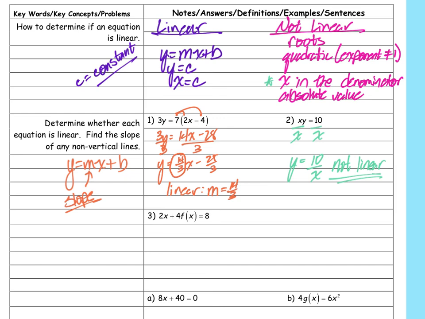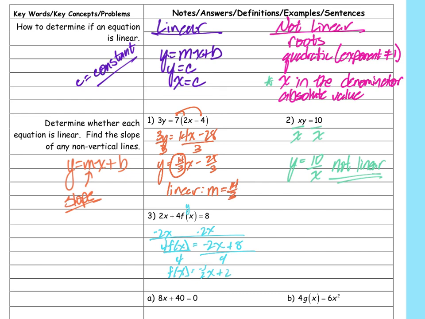And then the last one says, I'm not sure what it says. Okay, I do know what it says. Solve for y. And where's y at? Well, y is right here. F of x is y. So I'm going to subtract 2x. And I get 4 f of x equals negative 2x plus 8. Divide by 4. F of x is going to equal negative 1/2 x plus 2.